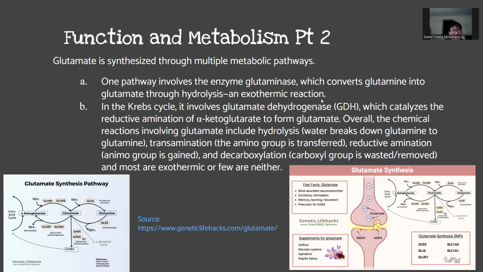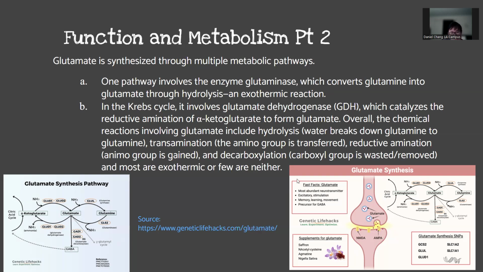Glutamate is synthesized through multiple metabolic pathways, and one includes the enzyme glutaminase, which converts glutamine into glutamate through hydrolysis, an exothermic reaction. In the Krebs cycle, it involves the enzyme glutamate dehydrogenase, which catalyzes the reductive amination of alpha-ketoglutarate to form glutamate.